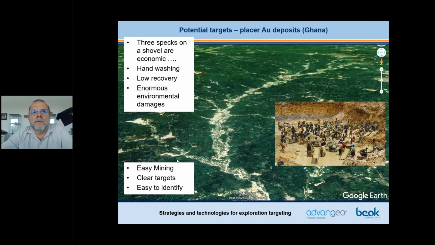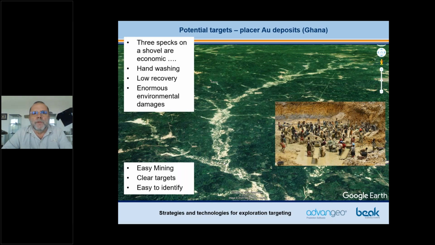What we can see here on this slide is a Google Earth image from Ghana, the famous Ashanti Belt. And what we can see here are valleys. Valleys mined out completely. So all these valleys have been affected by gold mining, artisanal gold mining. Here, these, and even the smaller valleys.